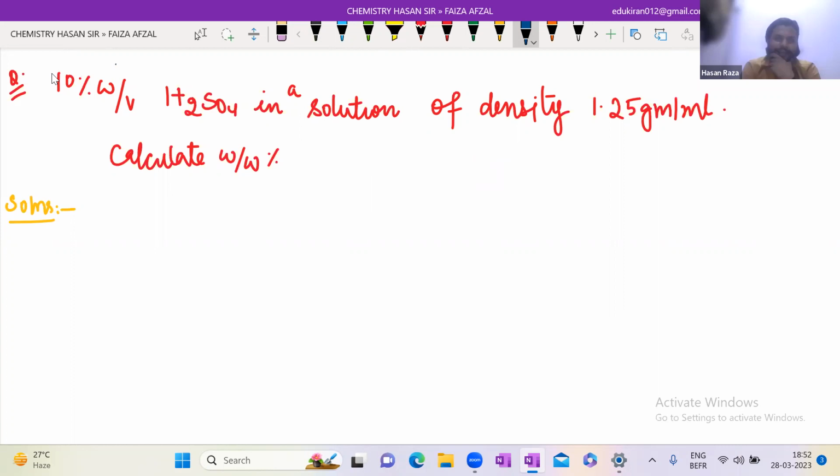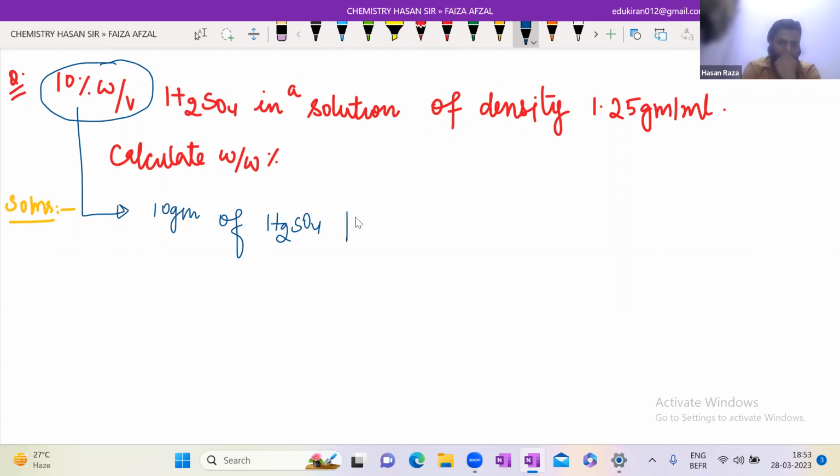Okay. See, I'm going to explain. Whenever you look at this type of scenario, you are going to write a whole sentence about it, the way I told you: 10 gram of solute, H2SO4, present in, since this is volume, 100 ml of solution.